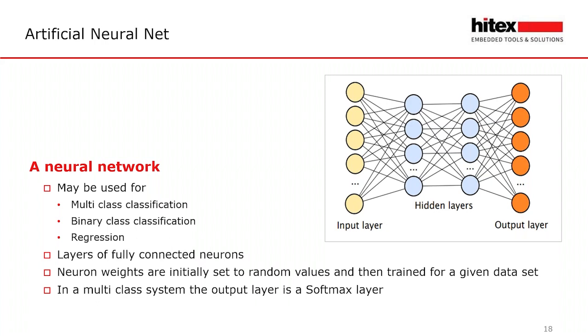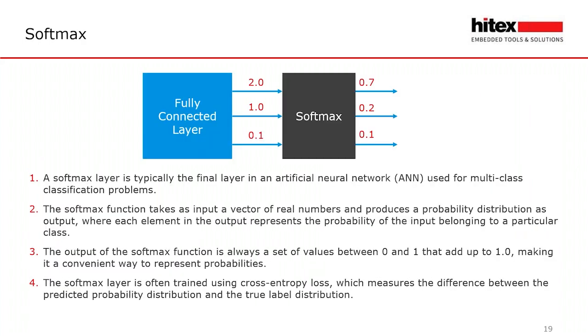And in terms of the output, we can have a single perceptron output. Again, if we're predicting a value, we just have an analog output. We can add an activation function if we want to do binary classification. If we're doing multi-class classification, we have a slightly different output layer called a Softmax layer.